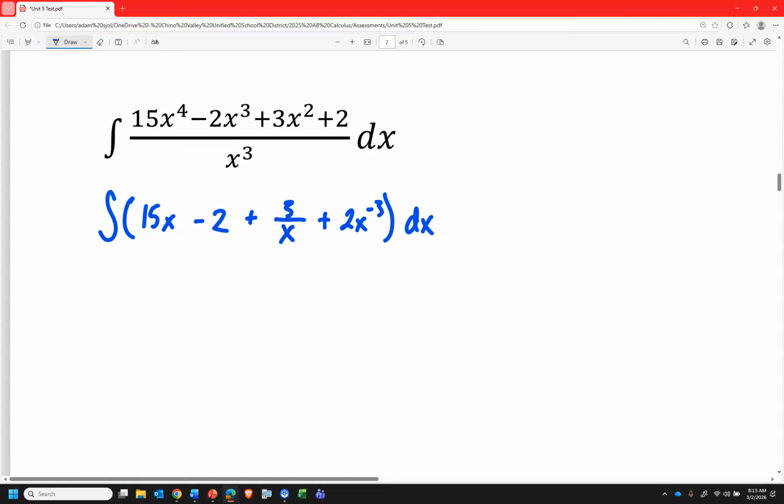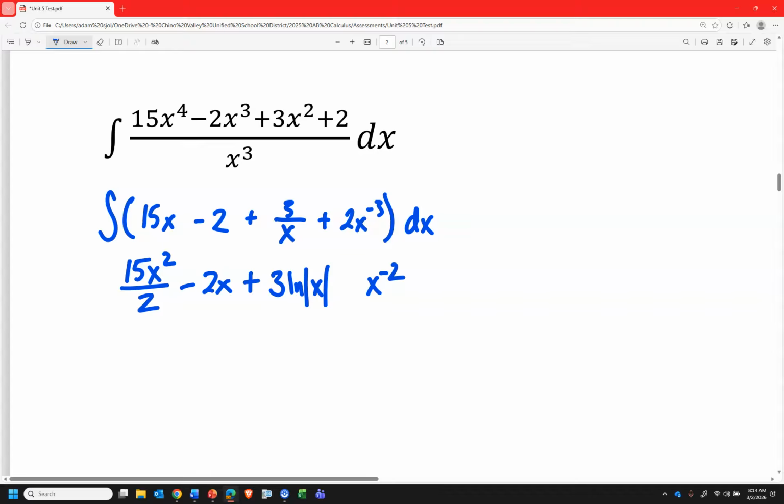Then I'm going to be doing power rule. x squared over 2 is the antiderivative of x. Antiderivative of a negative 2 is going to be negative 2x. 3 over x has an antiderivative 3 natural log of the absolute value of x. And let's see, we're going to add 1, so that's going to be x to the power negative 2 is the new exponent.